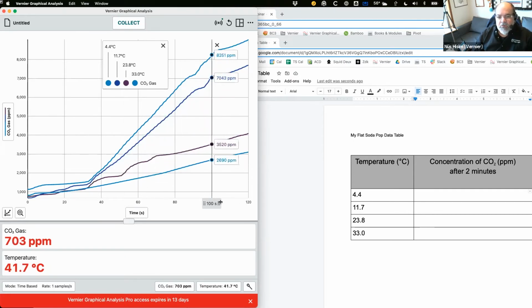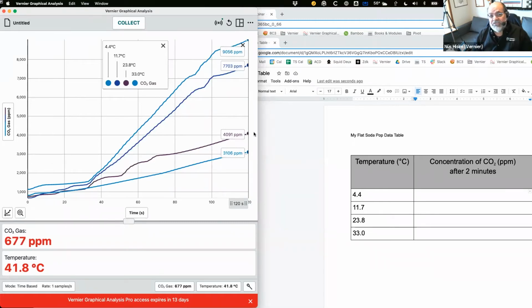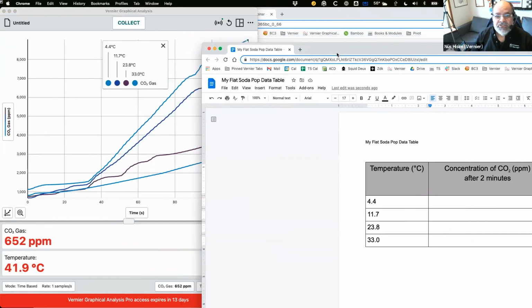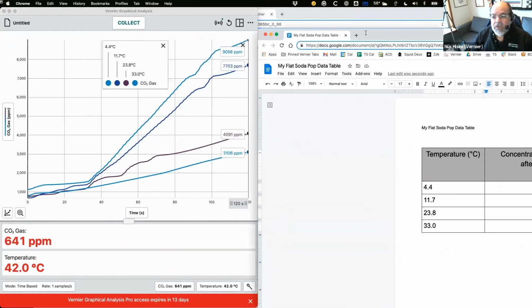So if we want to know what the concentration of CO2 was in the bottle after 2 minutes, there are the values right there. So I'll just fill in, let me see if I can slide this over a little bit so we can see both. The first one was 9,056 parts per million, 7,003 parts per million, and then 4,091 parts per million, and then 3,106 parts per million.